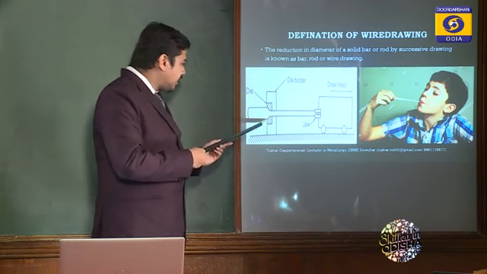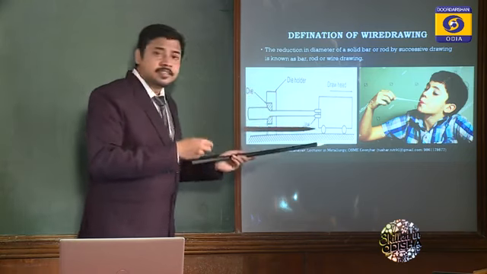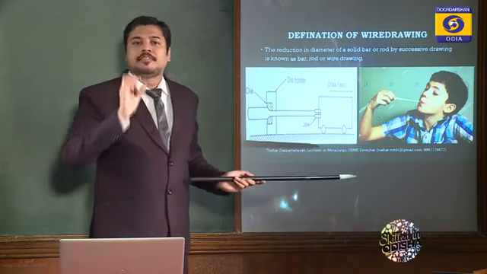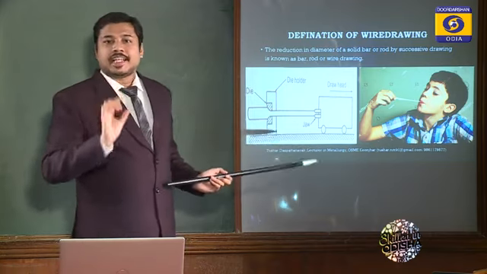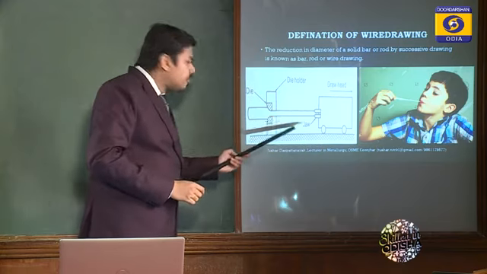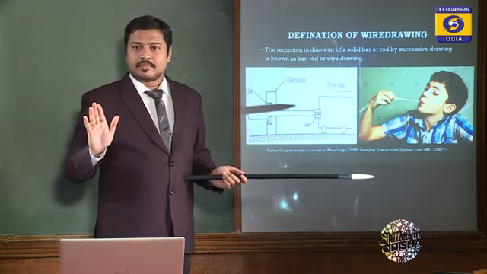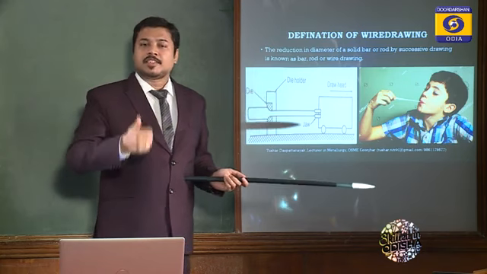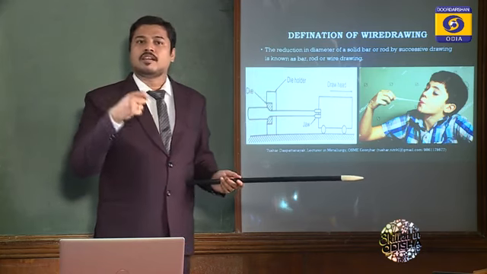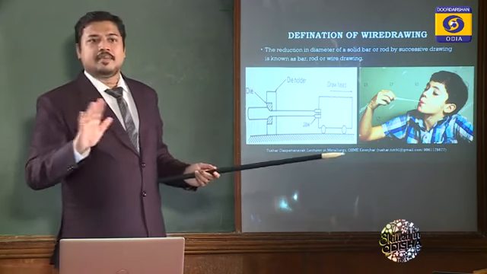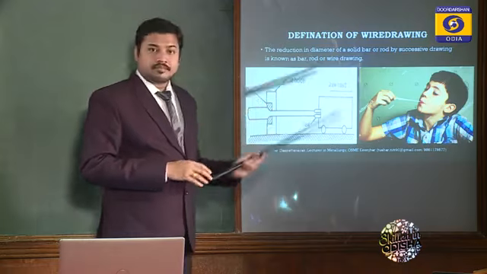By using the die, we are reducing the diameter of the solid bar so that it can be converted into a wire. This is wire drawing. Conversion of bar or rod into a wire is wire drawing. Yes, as simple as that. Okay.